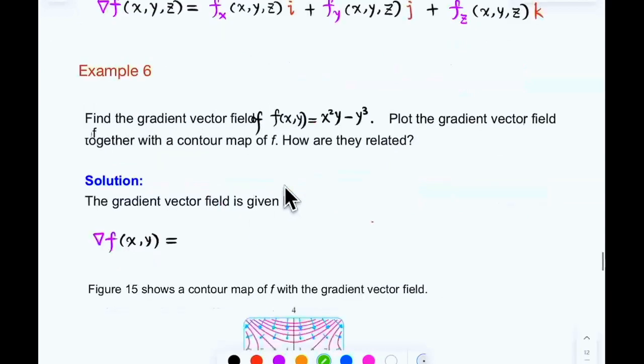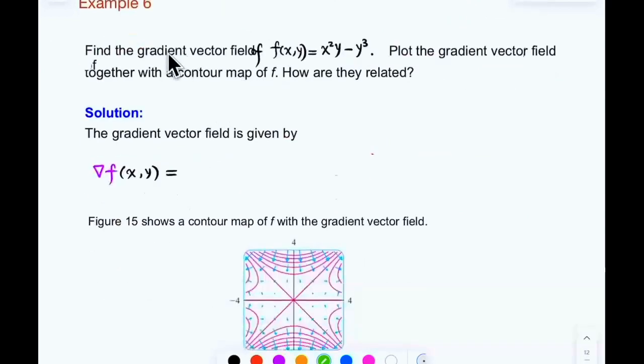All right, now let's look at an example. Can you find the gradient vector field of this? This function here is a scalar function in how many variables? Two variables. Then the gradient vector field will be in V2. So let's find the gradient vector field.